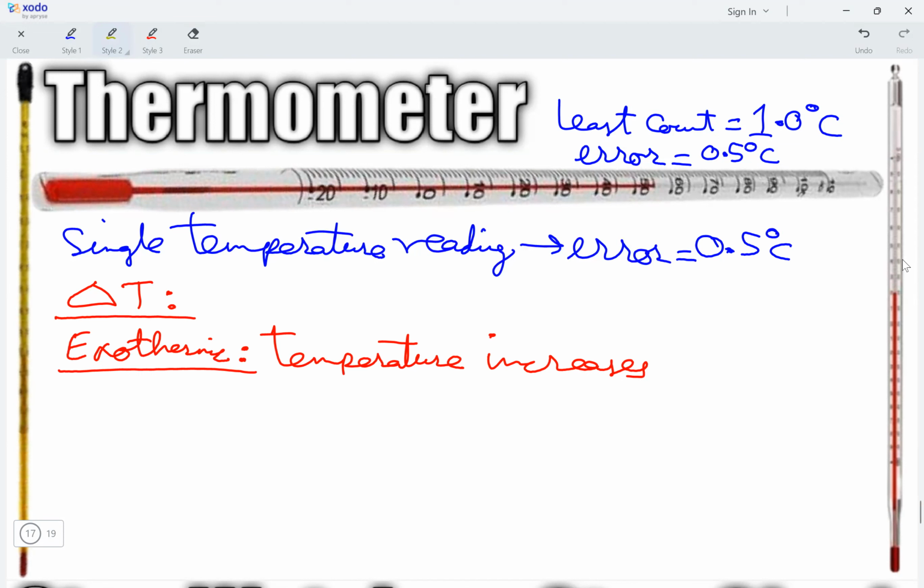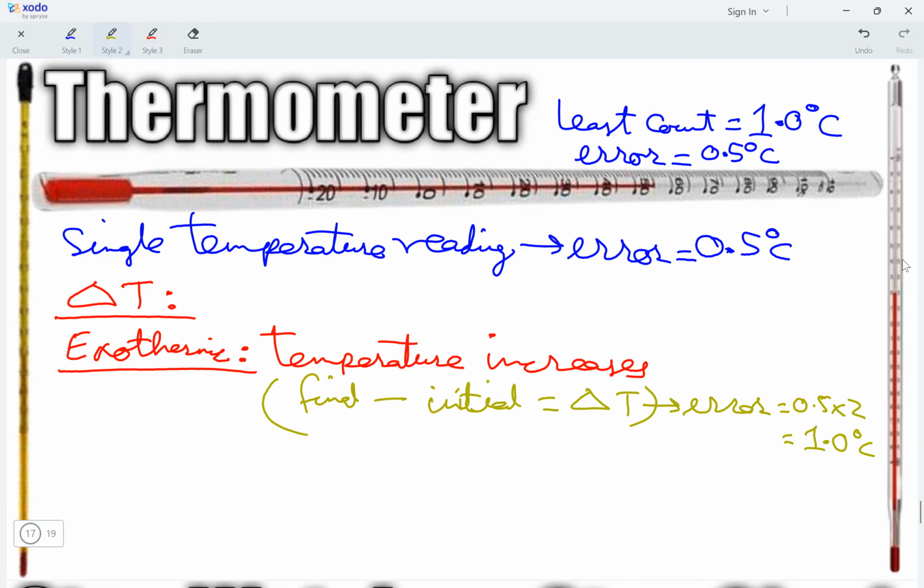But in order to calculate the difference in temperature, we subtract the initial temperature from the final temperature. And this gives us the difference in temperature. So, in such calculations, the error would be 0.5 into 2 because we have read the temperature twice. So the error in this reading would be 1.0 degrees Celsius.